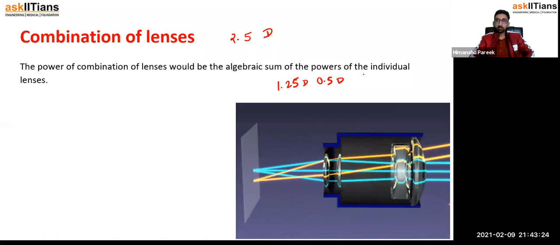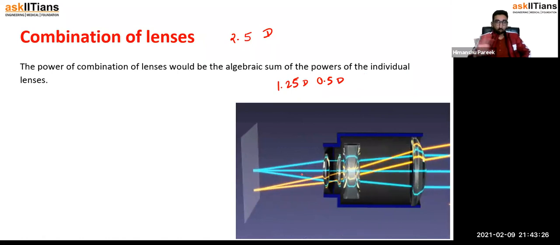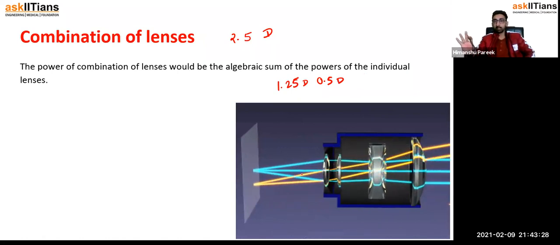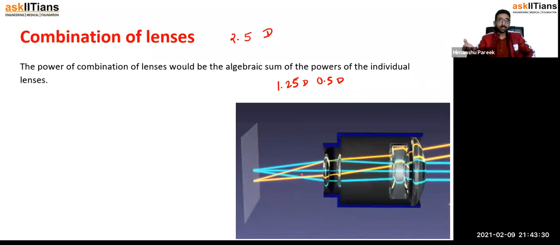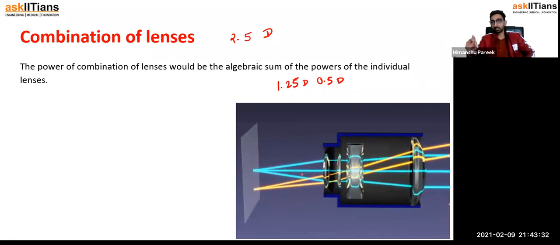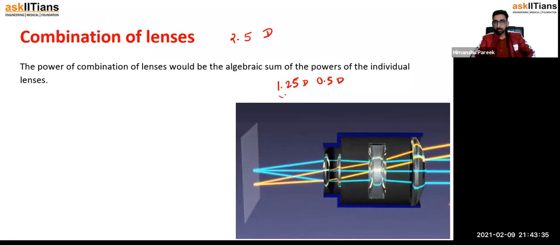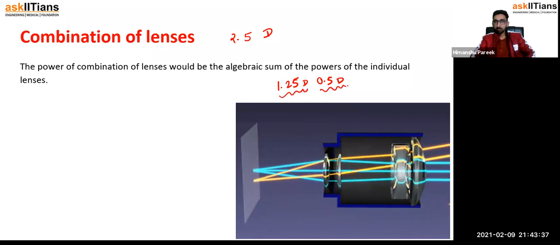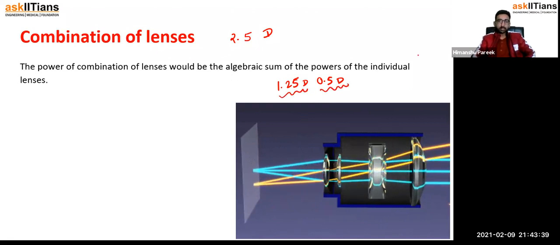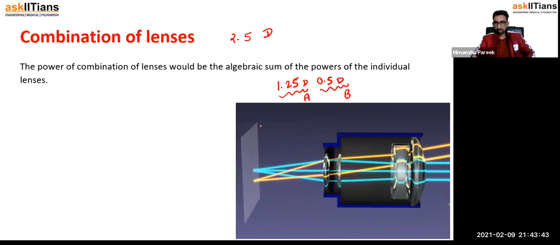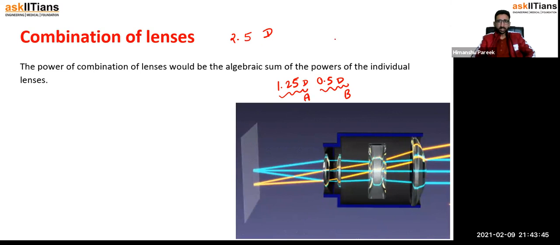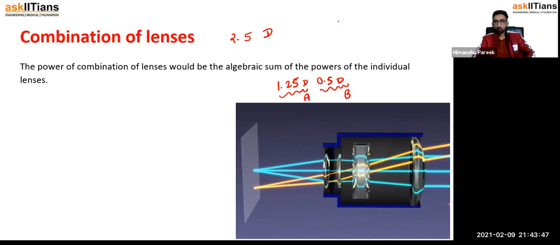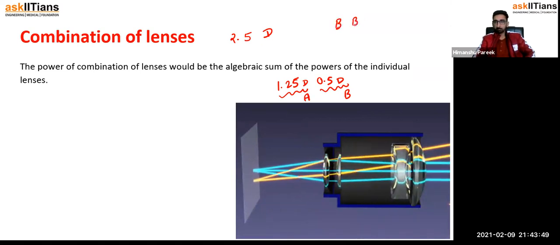So these two lenses are available in my shop right now. I do not have 2.5 directly. So what I can do is have a combination of these lenses. So I have multiple lenses of this power, I have multiple lenses of this power. Let's call this lens B, this is lens A.